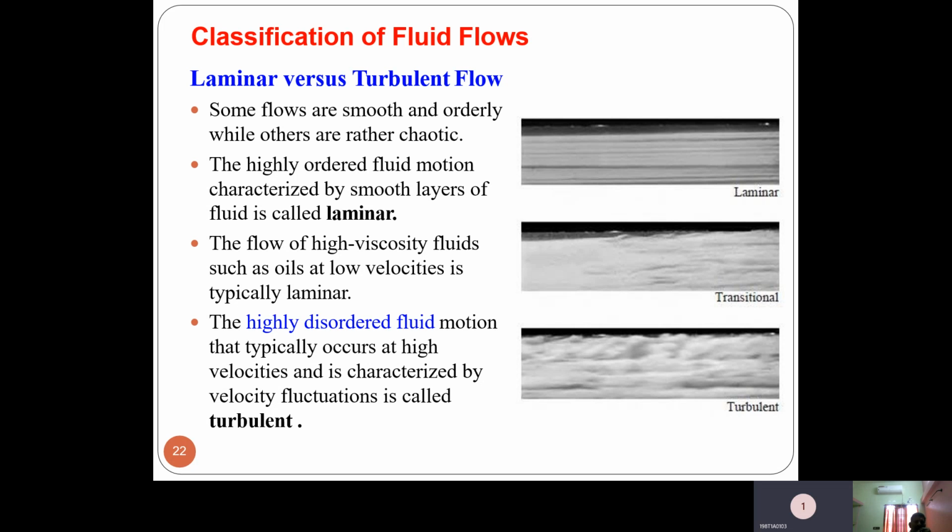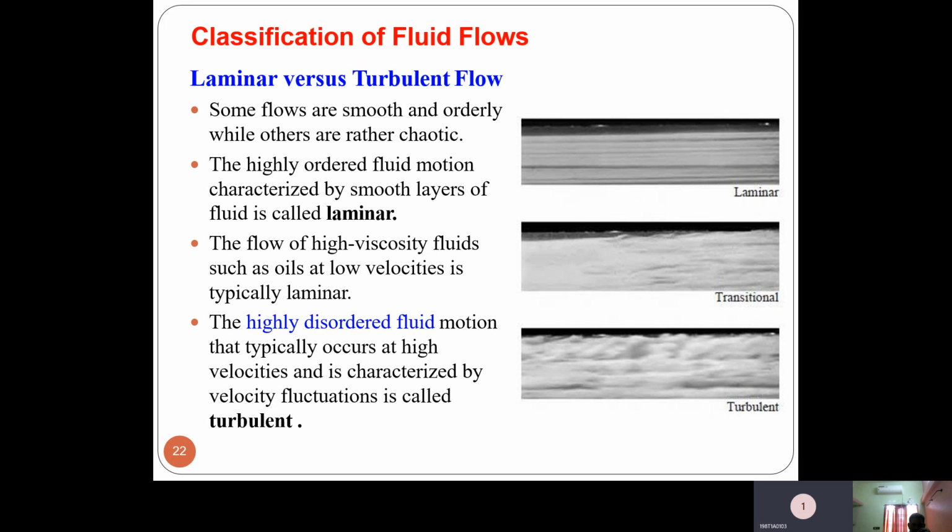But once we consider the middle figure, what can we say? Slowly the fluid is changing its nature from laminar to turbulent, or from streamlined flow to irregular fluid flow.